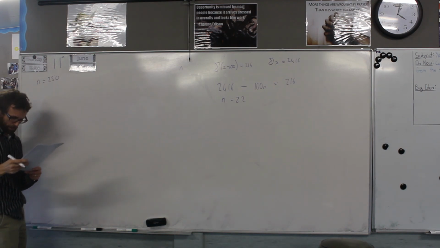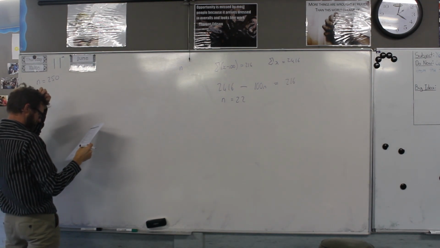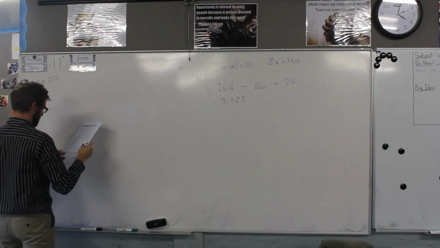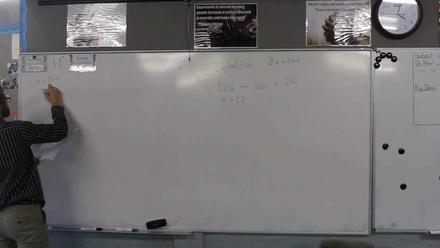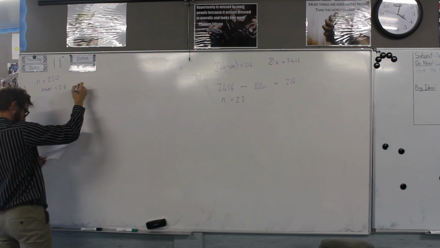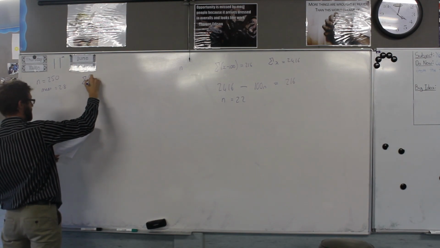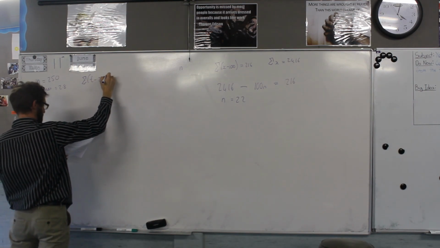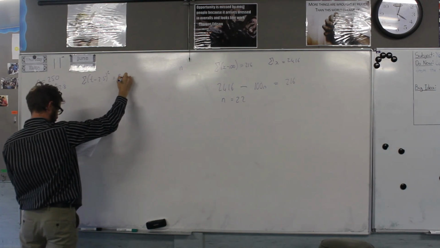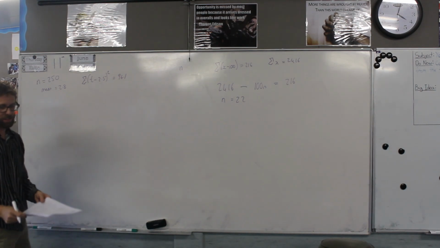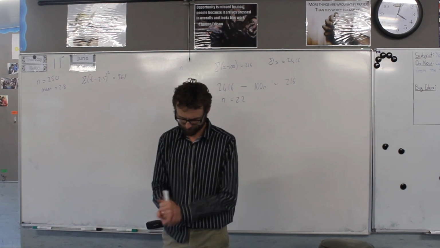We know that the mean time taken is 2.8 hours. We also know that sum of t minus 2.5 is 96.1, and we've got to find the standard deviation of the times taken.